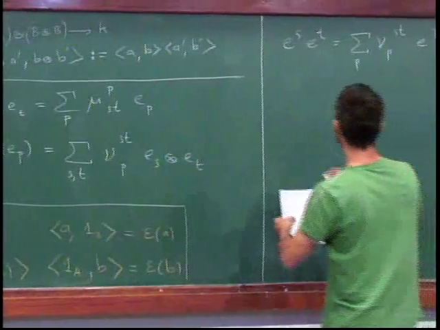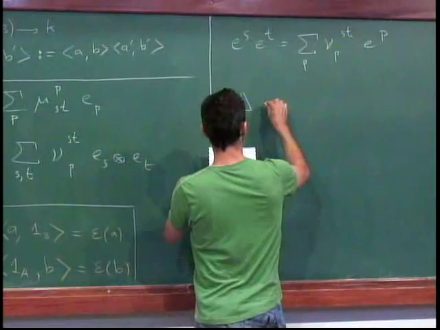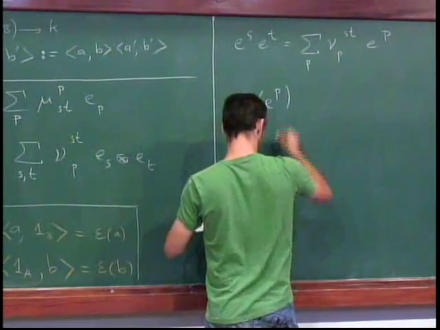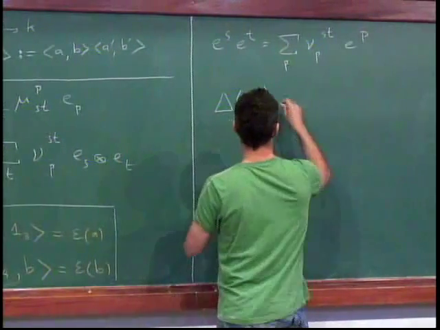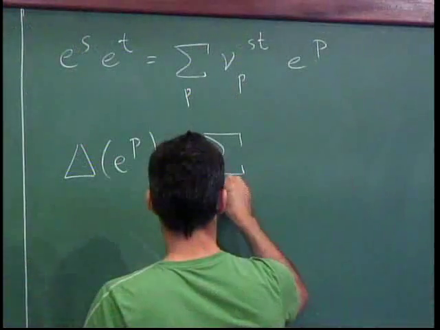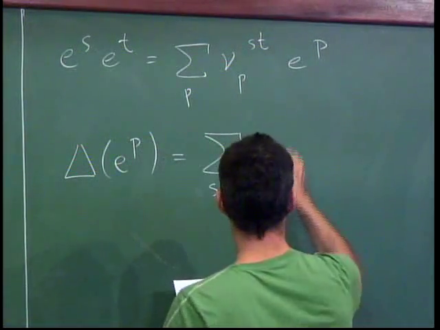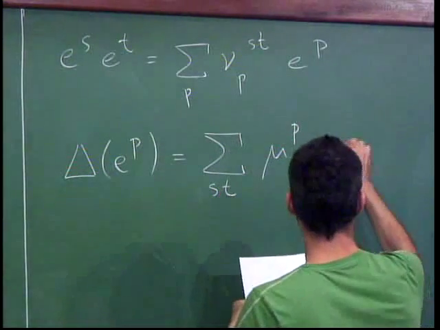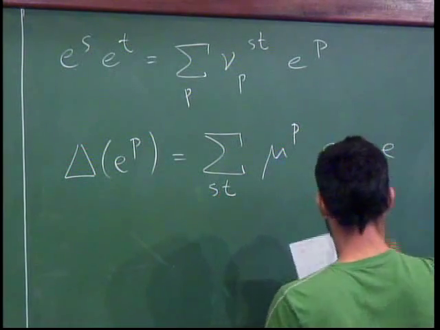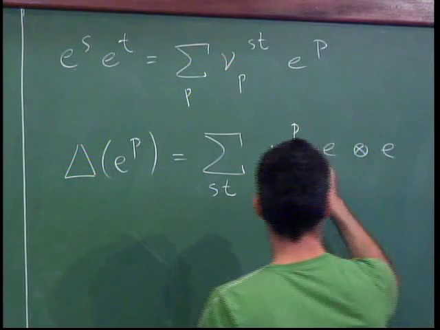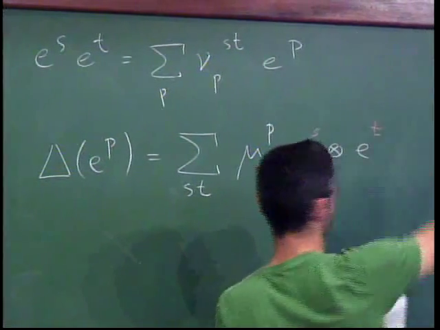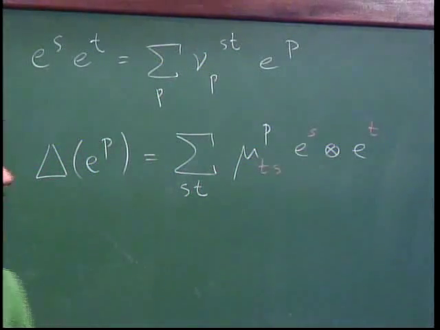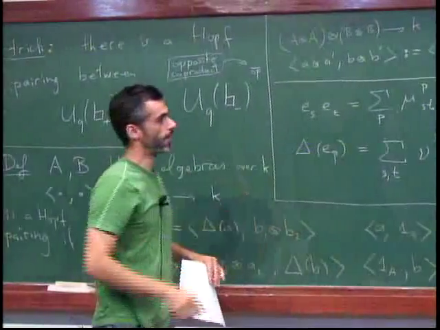Okay, and now we have the last one. Delta of EP is sum over ST. And there's this little trick of having the opposite coproduct, and that's where you see it.